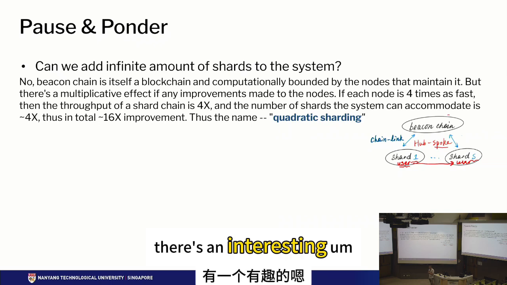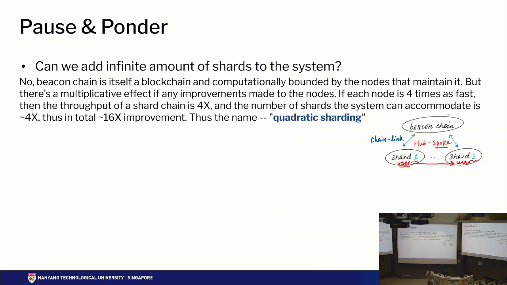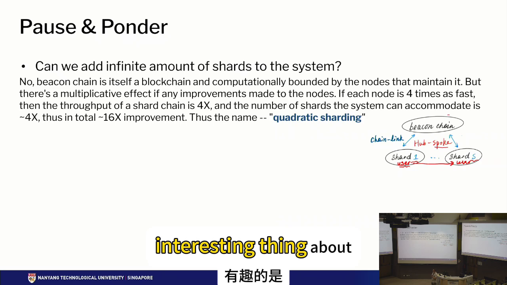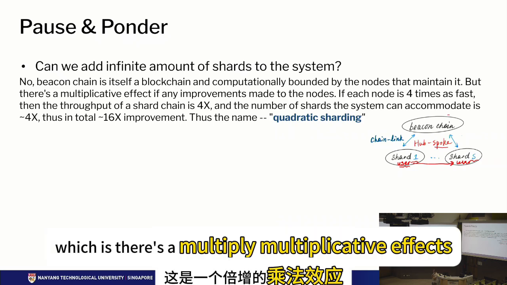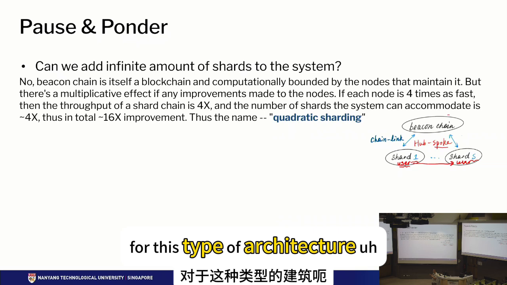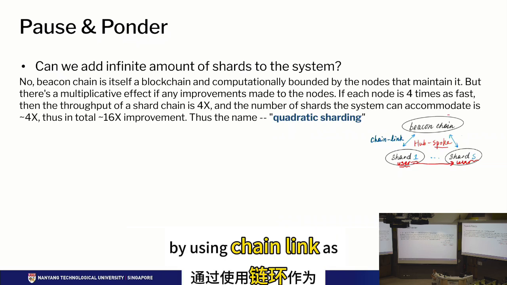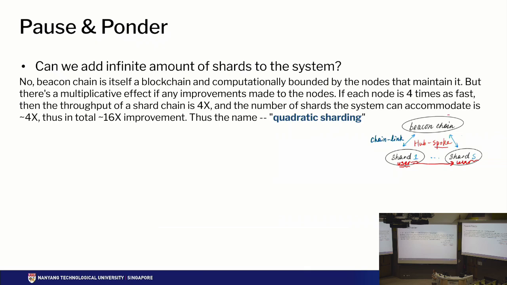But there's an interesting thing about Near Protocol, which is that there's a multiplicative effect for this type of architecture by using the crosslink as block header only.